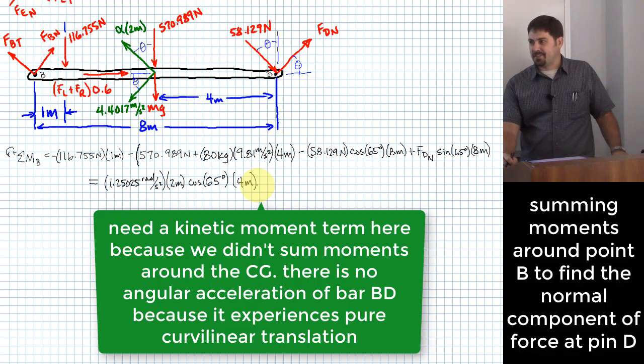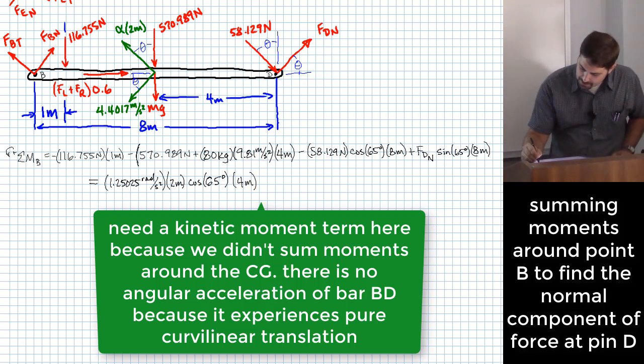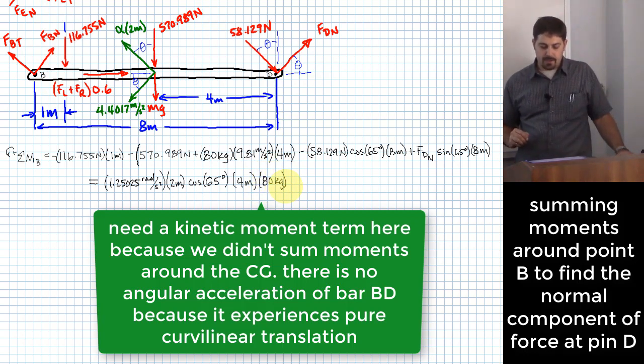What else do I need? I need to multiply it by the mass, so you multiply this also by that mass of 80 kilograms. But that's just the alpha part.